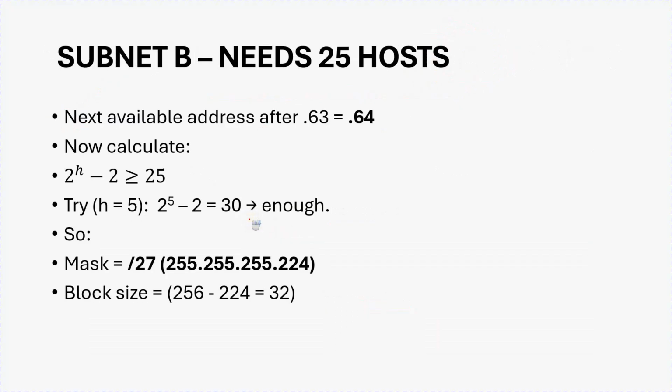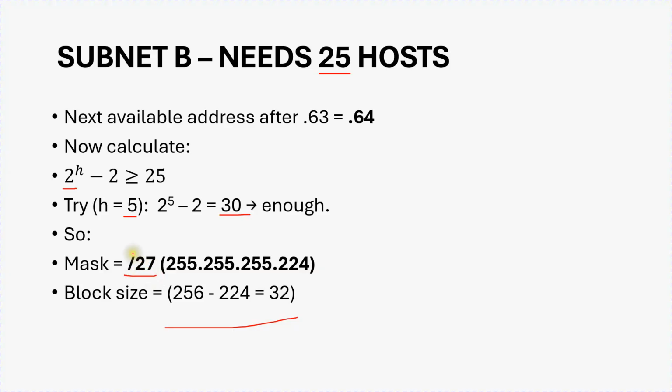Right, next one. Similarly, 25 hosts, so again 2 to the power of h, where h is 5. So 30 is your number, and you calculate it the same way. So the number is /27. What is meant by /27?